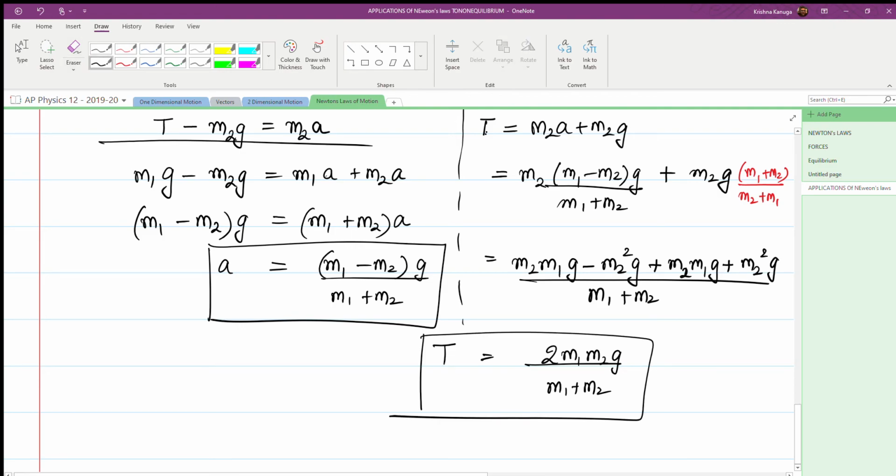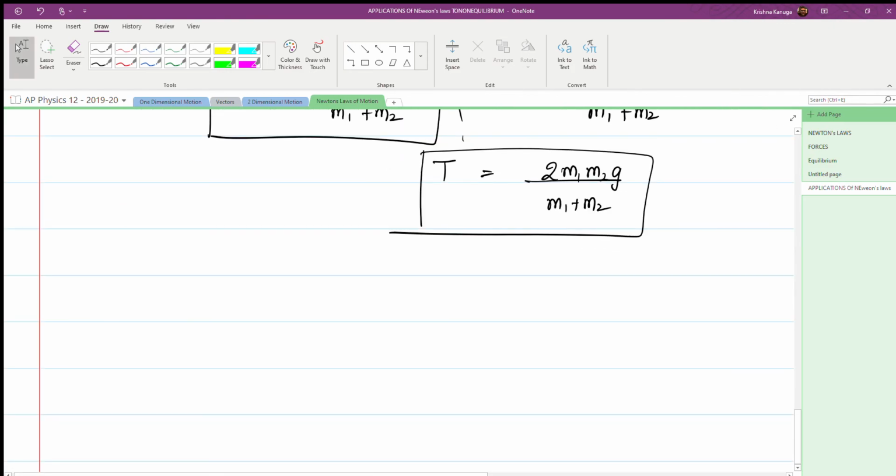Again, realize that both answers are only in terms of things that are given, which are basically the masses, and we can use the acceleration due to gravity in these answers. I hope you understood this problem, and if you did, then go ahead and take care of these two problems. One is a pulley problem.